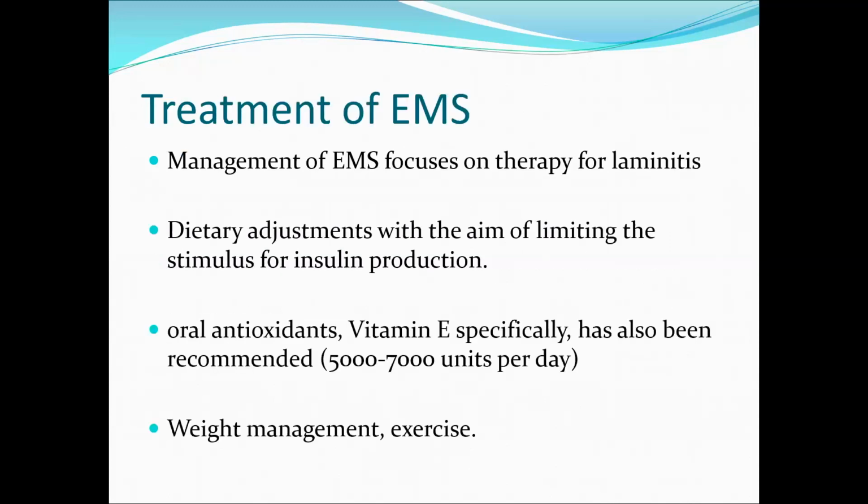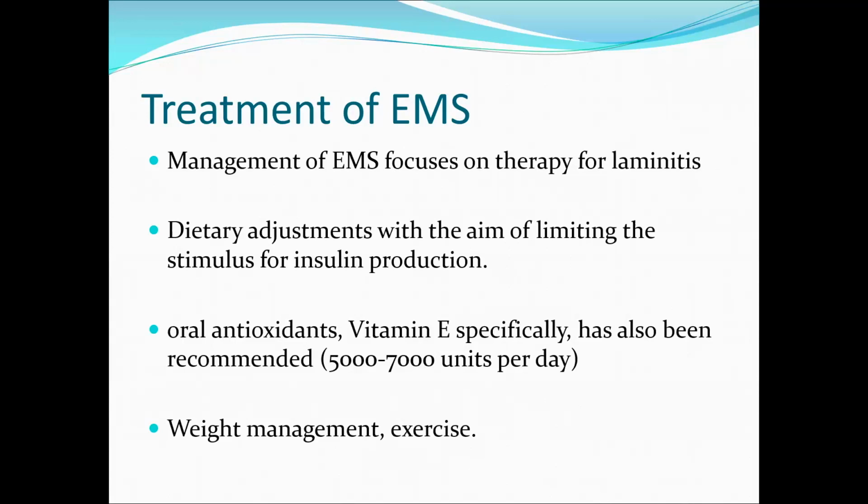All right, so treatment of EMS. So all of the same dietary adjustments as seen with our insulin resistant horses, because they are. We need to focus on therapy for their laminitis, because these horses have laminitis as a hallmark of this disease. So that's going to be our primary focus. And then other options, in addition to what we've already discussed, we'll put them on vitamin E. All right.